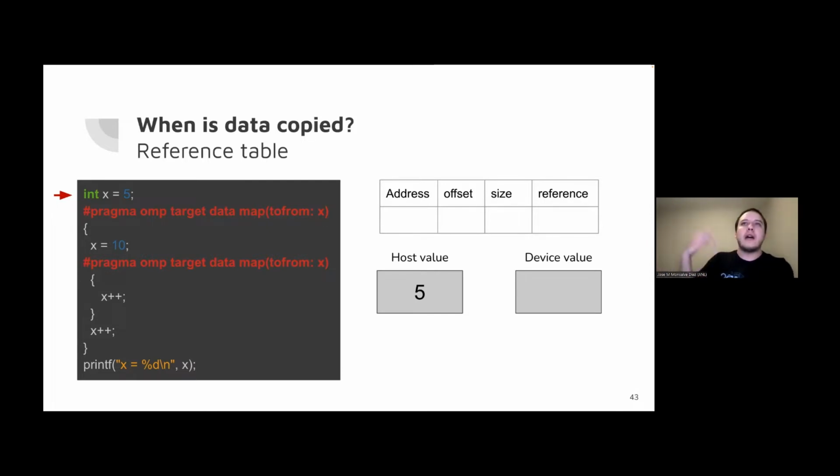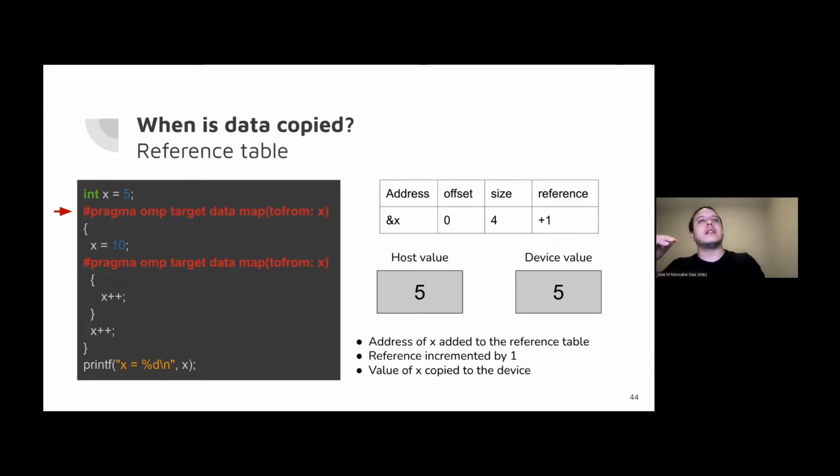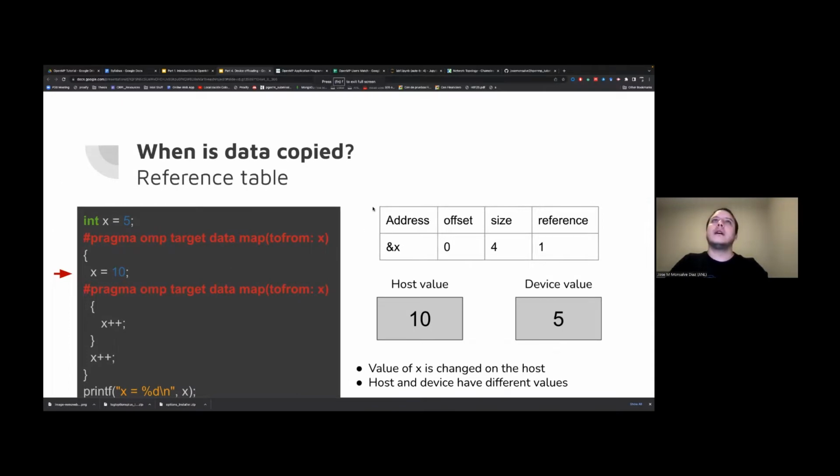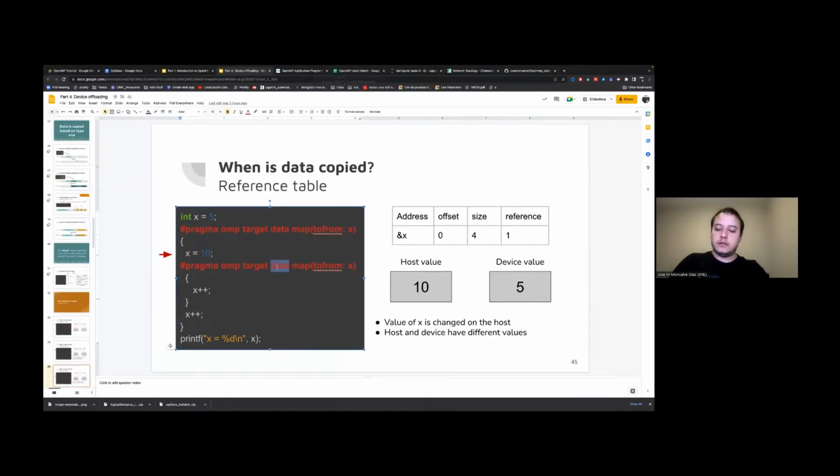So in this case, I have a table at the beginning of the target data region. I allocate the address of X, the offset is 0, the size is 4, and I increment a reference. Because it's the first time I increment the reference, I'm going to copy the value, and this is a tofrom operation, so I'm going to copy the value to the device. Then I do X equal 10. Give me 1 second, I'm going to fix this. Sorry about that.